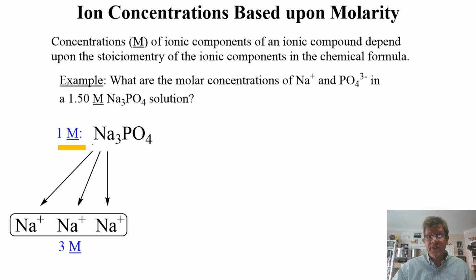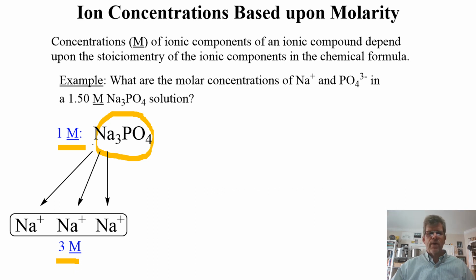Well, 3 times what it was for actual sodium phosphate, because one of these breaks into 1, 2, 3 of these. So we could say if we had a 1 molar solution of sodium phosphate, that would be a 3 molar solution of sodium ion.